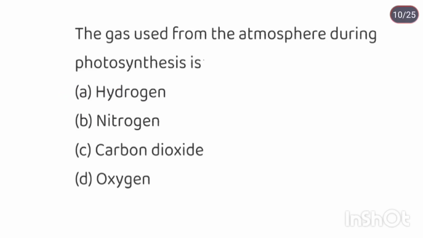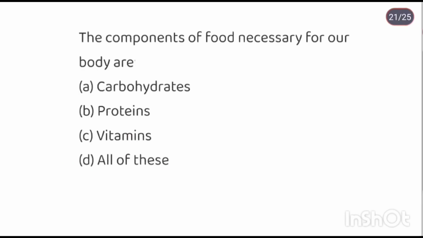The gas used from the atmosphere during photosynthesis is option C, carbon dioxide. The components of food necessary for our body are carbohydrates, proteins, vitamins. Option D, all of these.